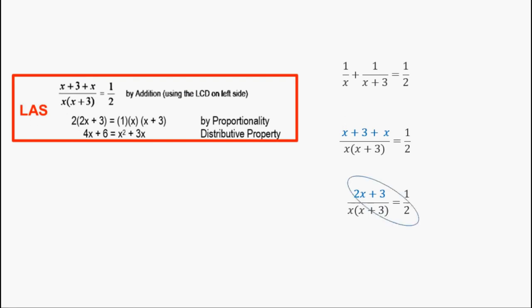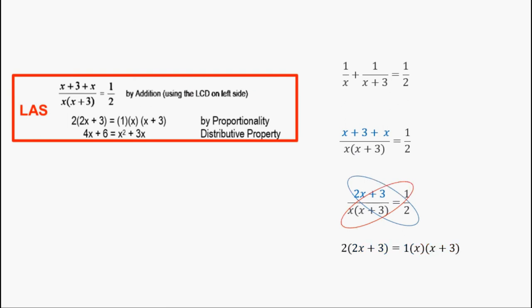And then, cross-multiply natin sa right side of the equation. That is 2x plus 3 times 2. And then, on the right side, we have 1 times x times the quantity of x plus 3.